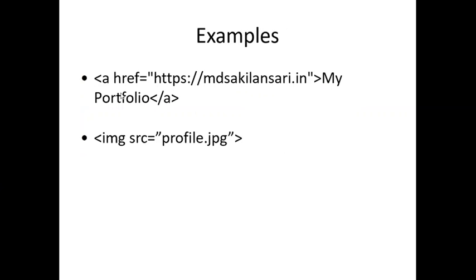The HTML attribute is used for some additional information about that tag. As you may see here, a is our tag, href is the attribute, and this whole thing is the value.